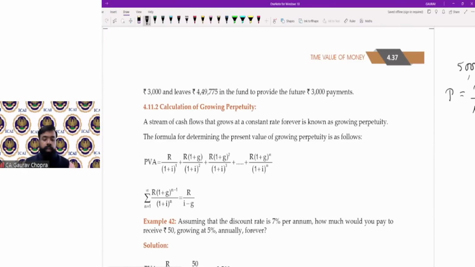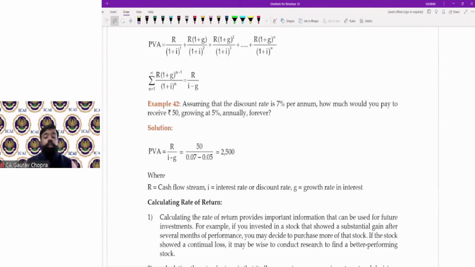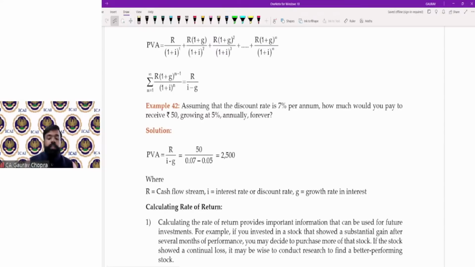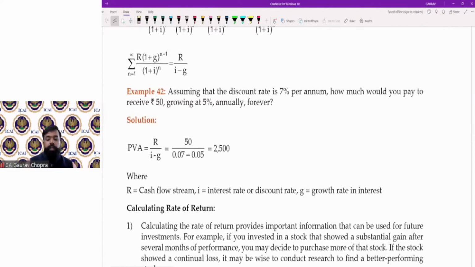So let's try question 42. Assuming that the discount rate is 7% per annum, how much would you pay to receive rupees 50 growing 5% annually forever?